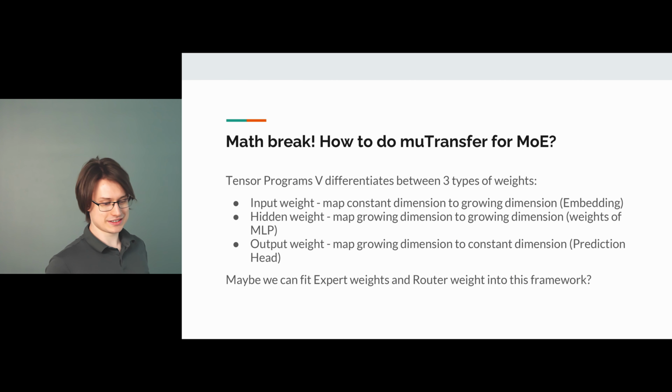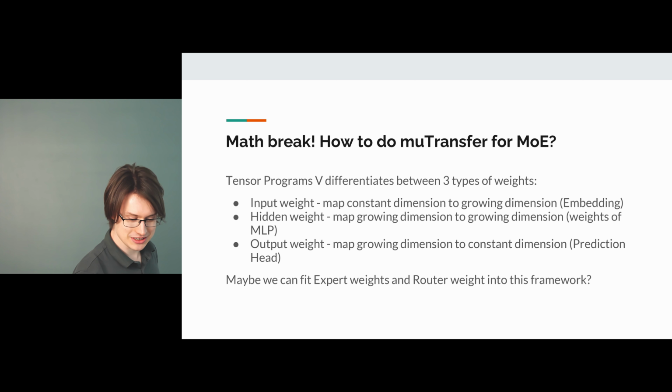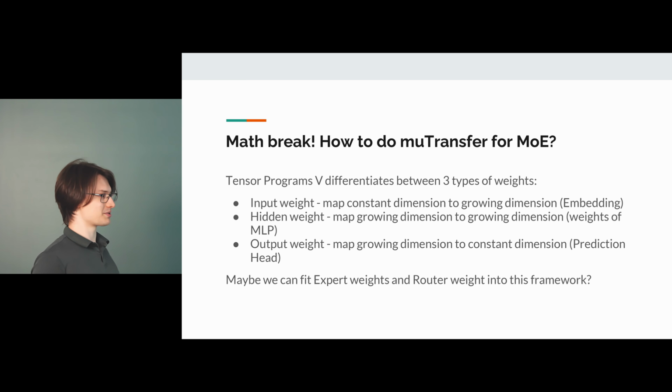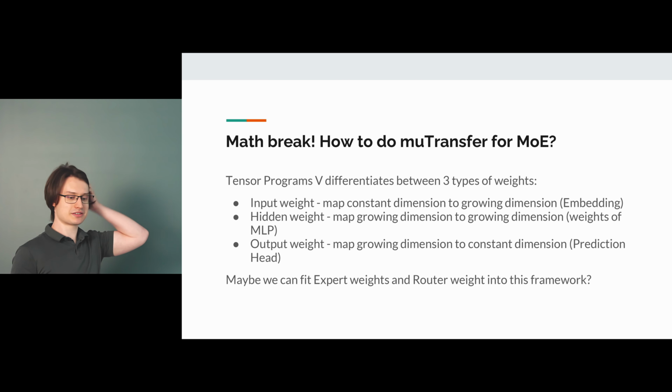And now a bit of a math break, because we also did the math, and I guess everyone watching this on the video can skip for about 4 minutes if they want to. In the original Tensor Programs 5, we had 3 types of weights. There are input weights that map a constant dimension to a growing dimension.